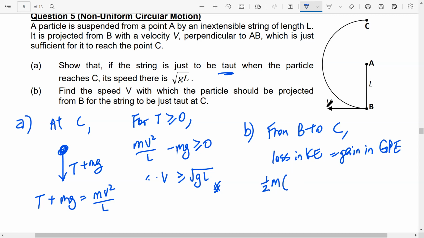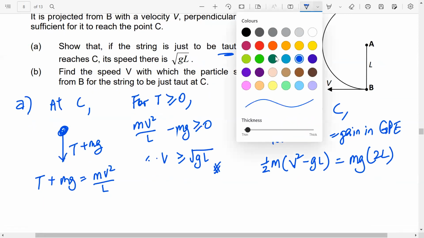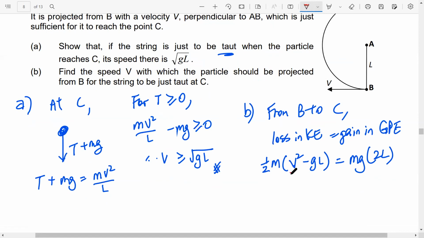In this case, 1/2 mv squared minus 1/2 m v_f squared equals mg2L. Take note, this one is the initial. This one is the final, so this one is the v_f.